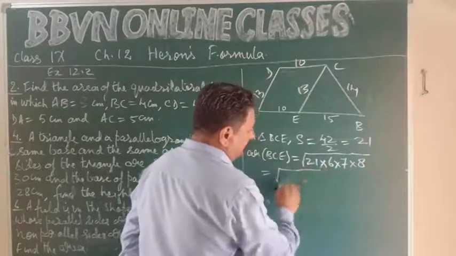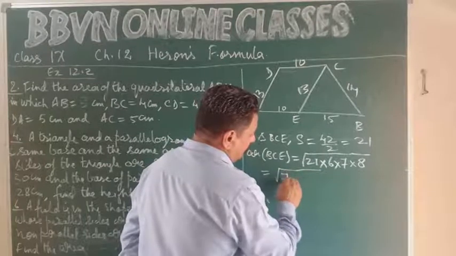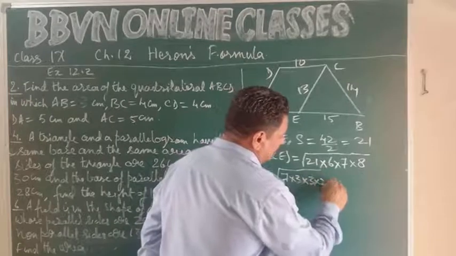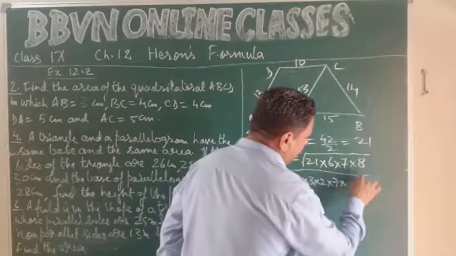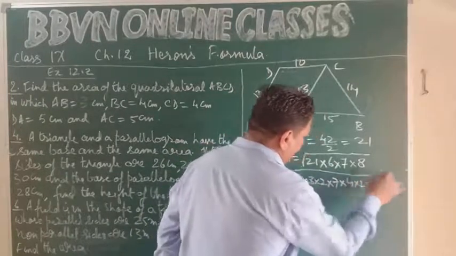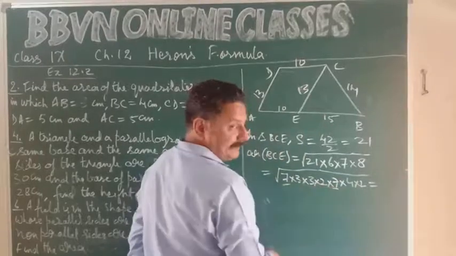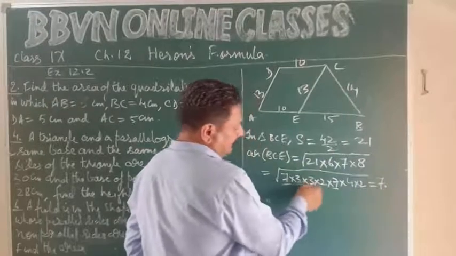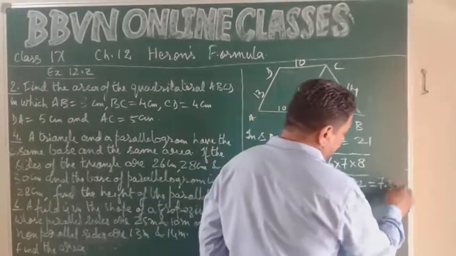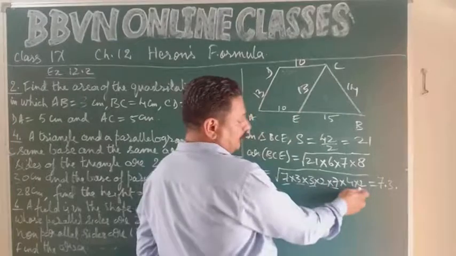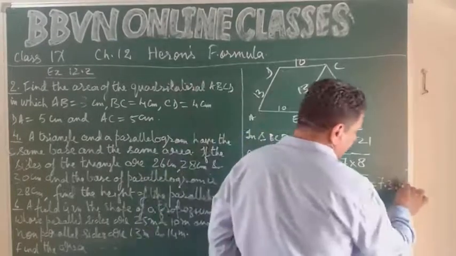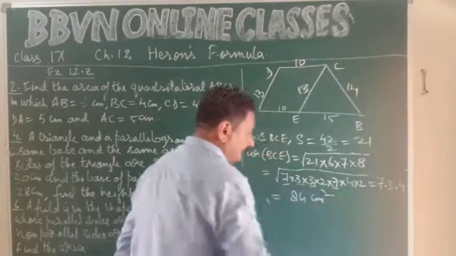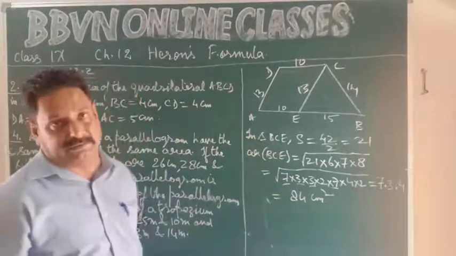So 21 can be written as 7 into 3, 6 is 3 into 2, 7, and 8 is 4 into 2. Now 7 into 7, square root of 7 square is 7; 3 into 3, square root is 3; 2 into 2, 4 and 4, 16, square root is 4. So 84 centimeter square. This is the area of triangle BCE.